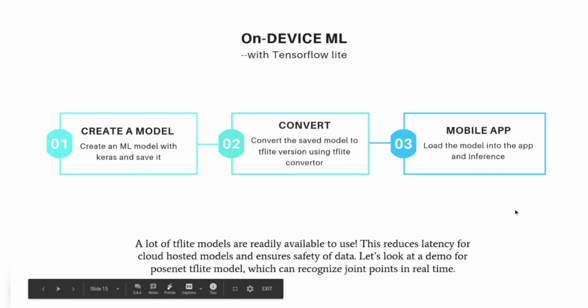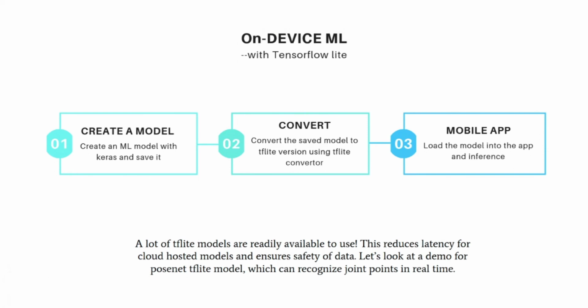A lot of TF Lite models are readily available to use. As hosting a model has a very big process, and also there are some issues with the number of requests that the server can process simultaneously, we decided to try out the TensorFlow Lite approach and found it really good. A lot of TF Lite models are very easy to use.